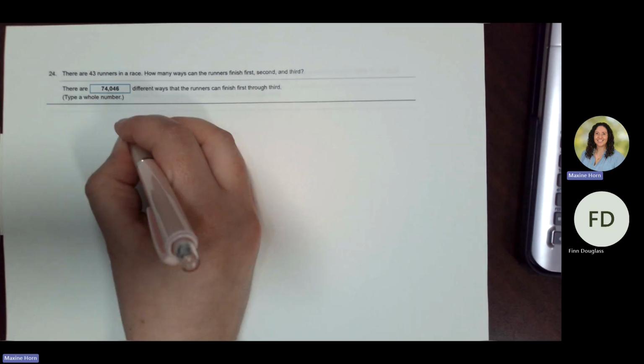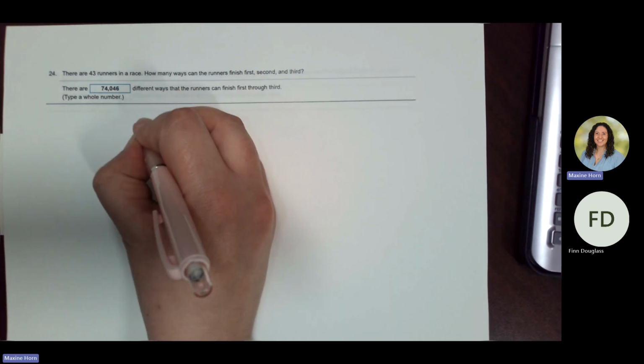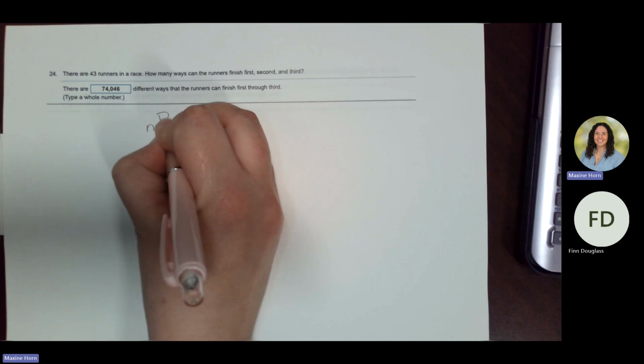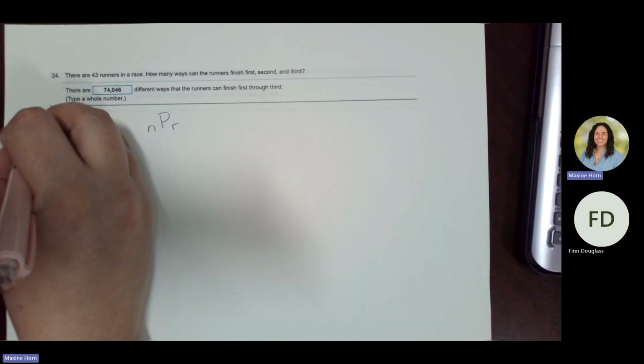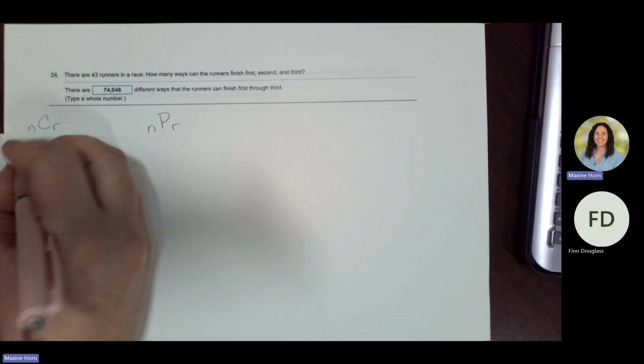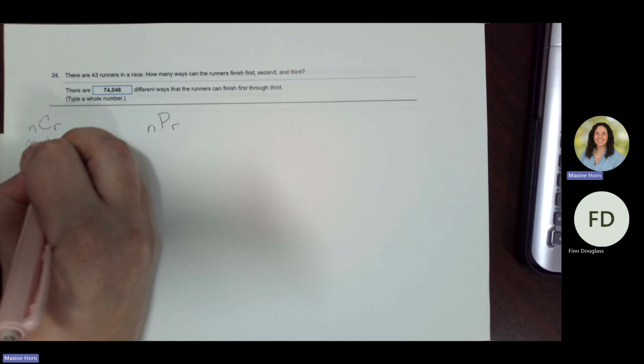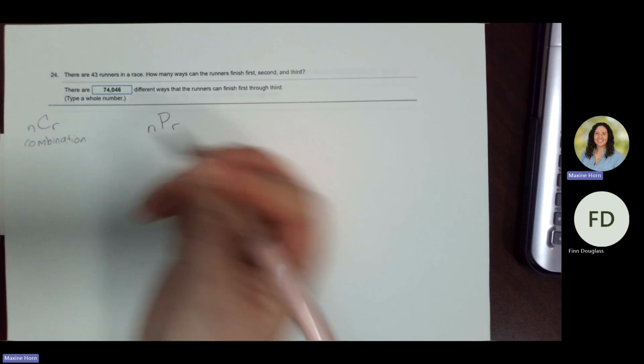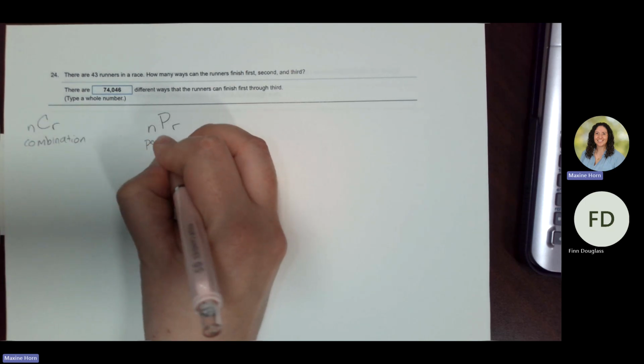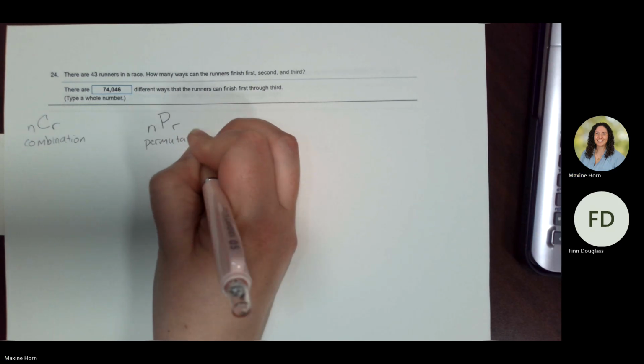So what we're going to do, and I'm going to use this notation here, is the nPr as opposed to nCr. So this is the notation for combination. This is for permutation.